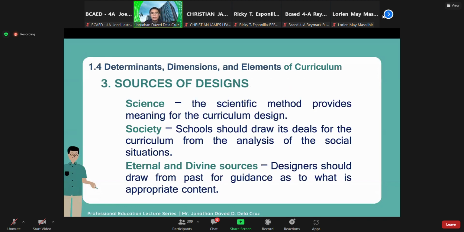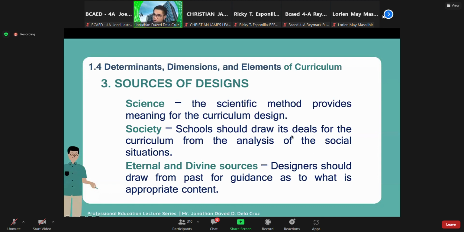Okay, sources of designs. Now, the sources of designs are first, science. Not science as a field of knowledge, but the approach of scientific method. Kung paano natin makikreate yung curriculum design. Next is society. Schools should draw its ideals for a curriculum from the analysis of the social situations.